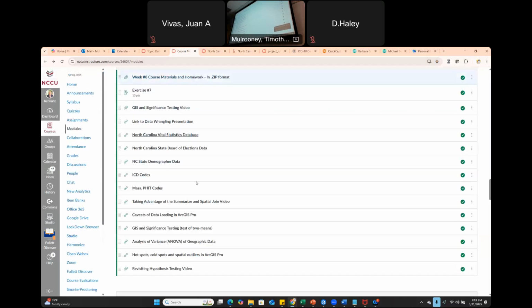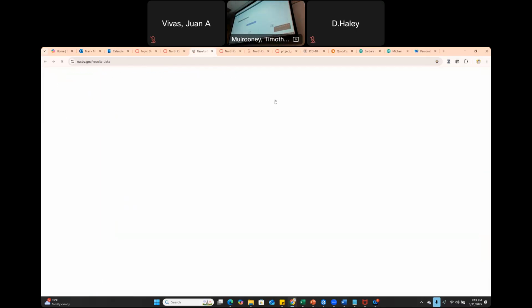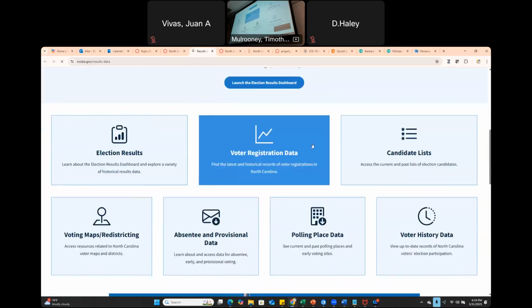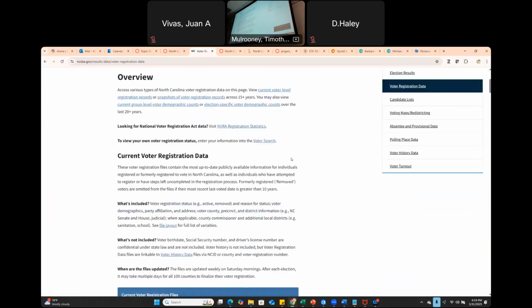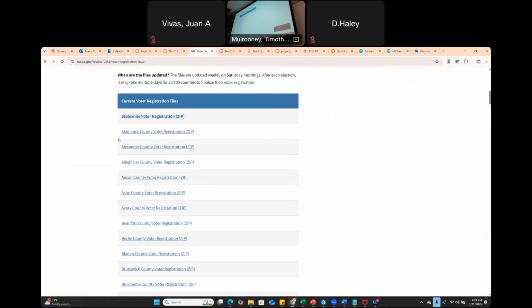Now, the other thing I have too is North Carolina State Board of Elections data. Now, we have elections data for election results, voter registration data. I can go and download every single voter in the entire state. We're looking at like 7 million records. I'm going to just show you a snapshot of these here in my ArcGIS Pro, and then we're going to get started.